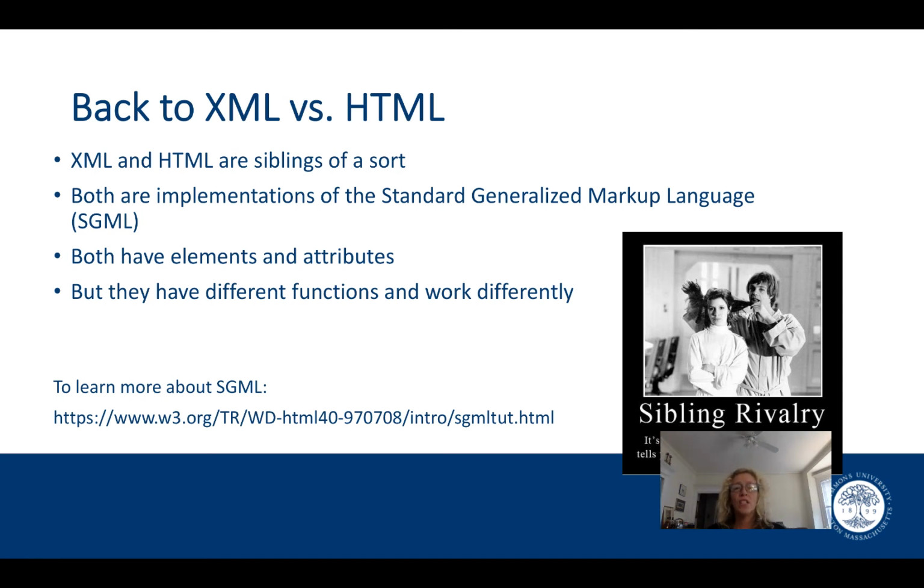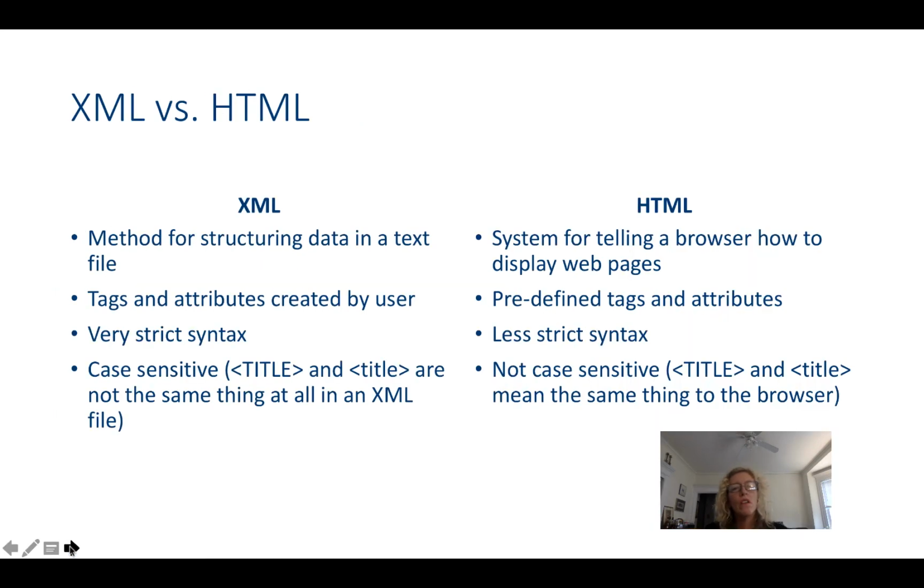Both are implementations of the SGML, which is the standard generalized markup language. Both have elements and attributes, but they do have different functions and they do work differently. If you want to learn more about SGML, this is a link to their site. Okay, some more things about XML and HTML.